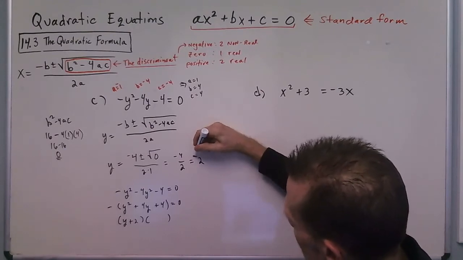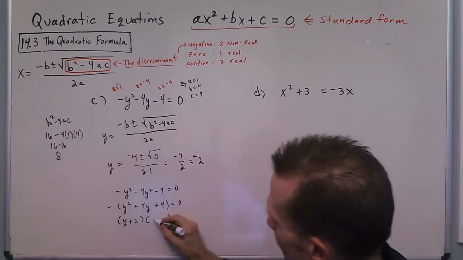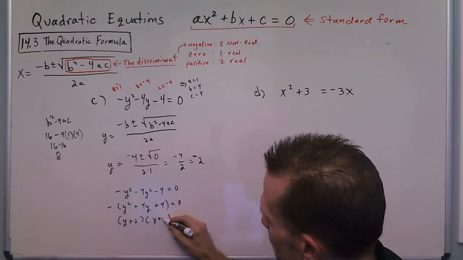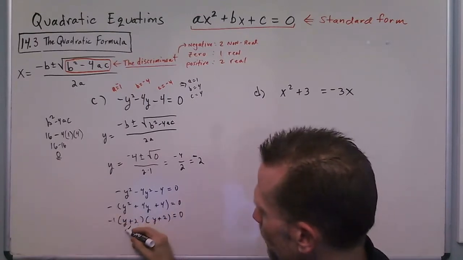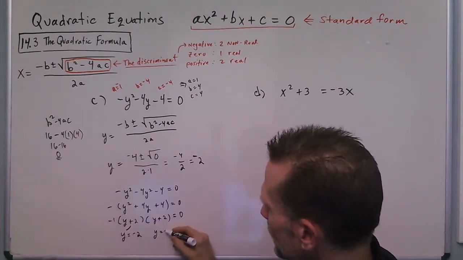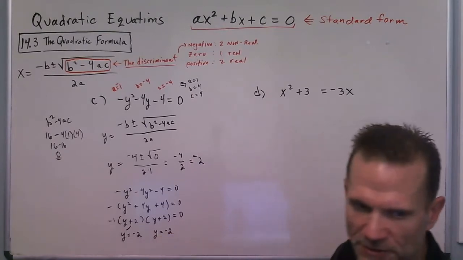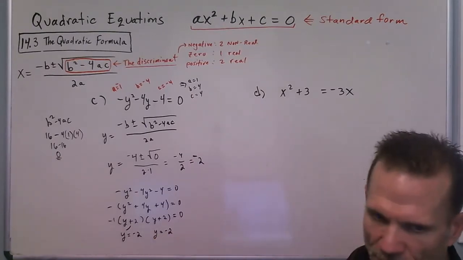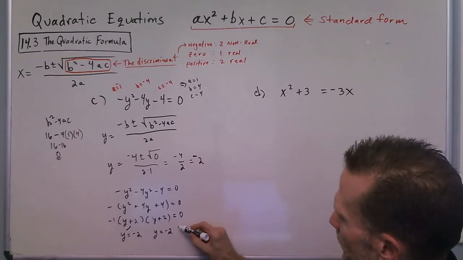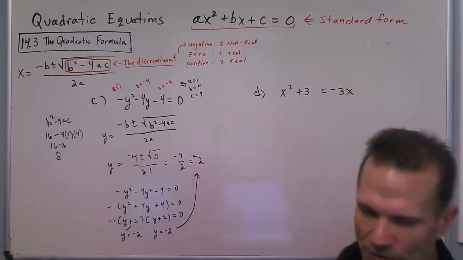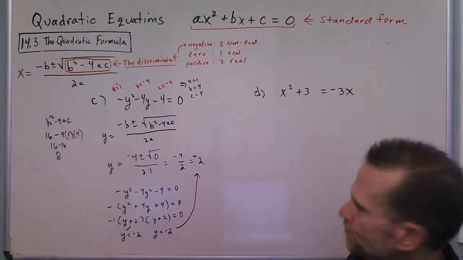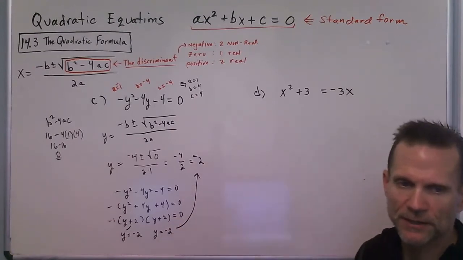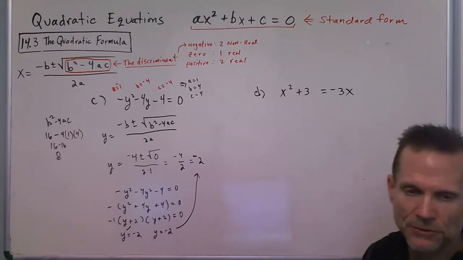Lucky I did this. It should be y plus 2 squared equals 0. Then from the zero product property, we get y equals negative 2, y equals negative 2. And we don't have to list the repeating root. Okay, so we see we get the same answer that we got using the quadratic formula. Okay, by factoring. But since we're in the section of quadratic formula, we probably should use that.